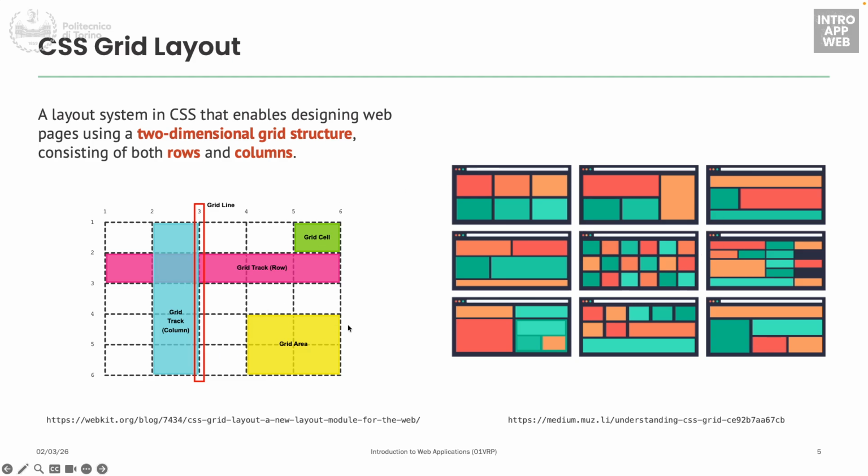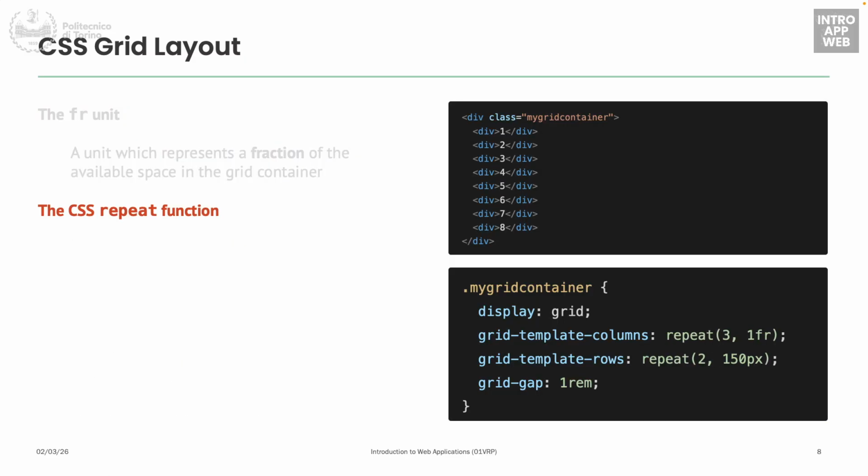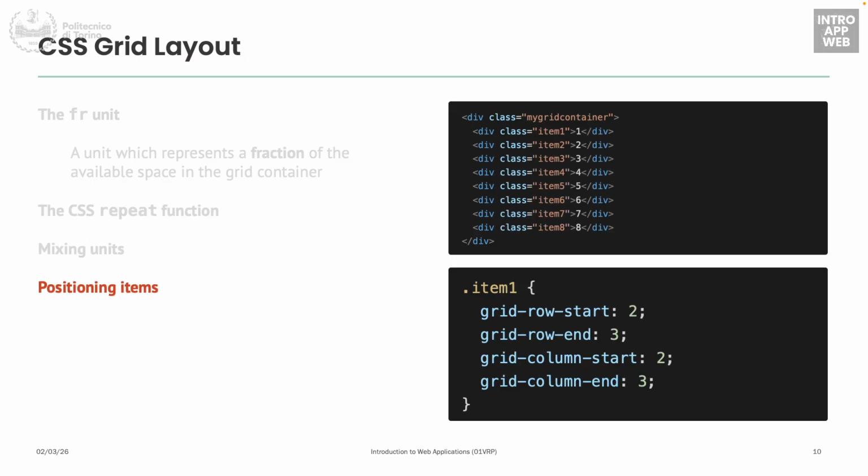This area is defined by saying where we want our item to start, in which row and in which column, and in which row and in which column we want it to end, no? So, for instance, when we have something like this, it will start in the second row until the third row. So it will occupy just one row, okay? And here it will start from the second column up to the third. So this is somehow useless because it will still occupy just one cell.